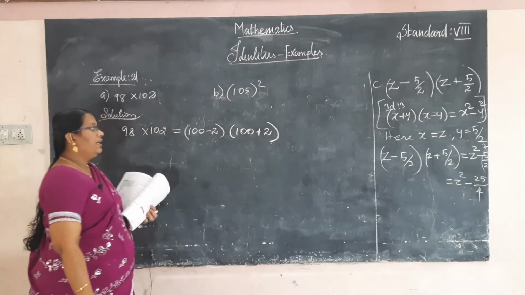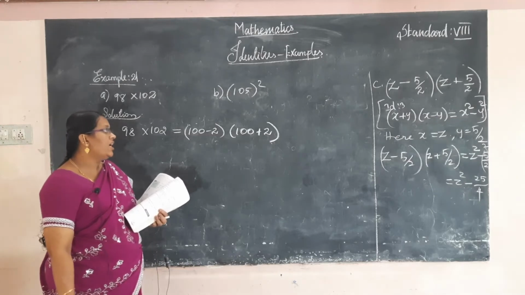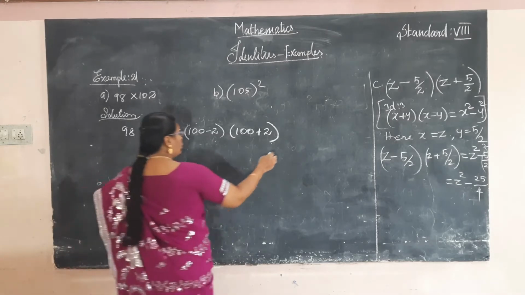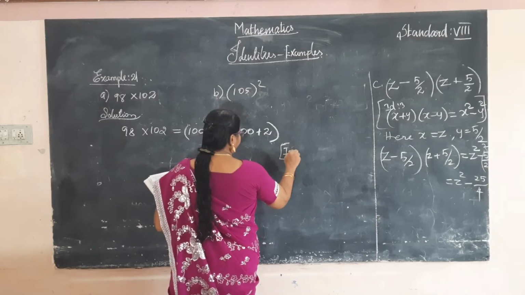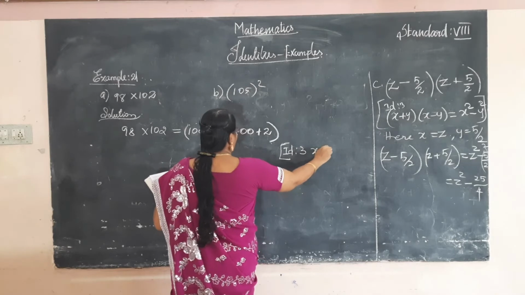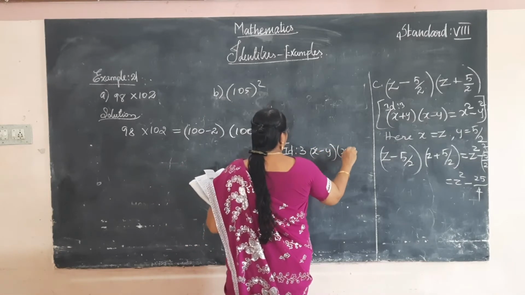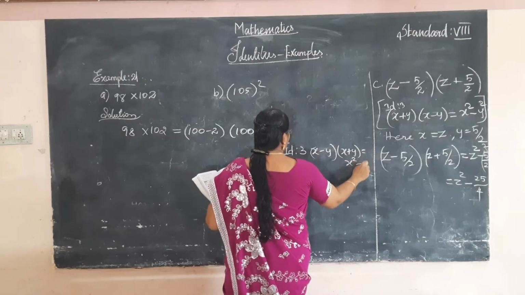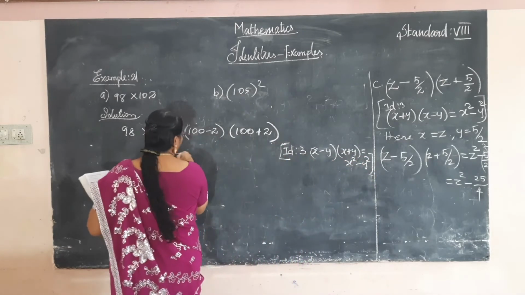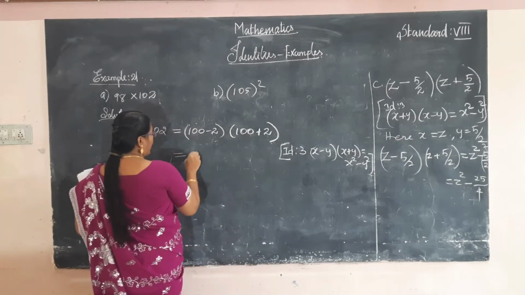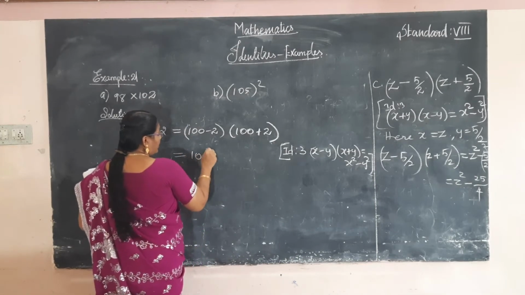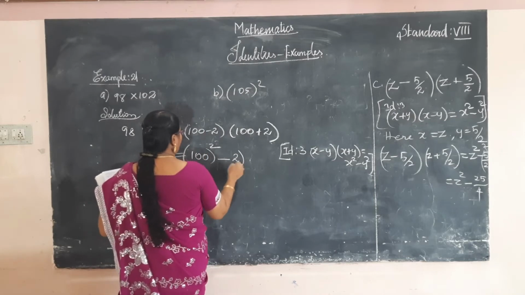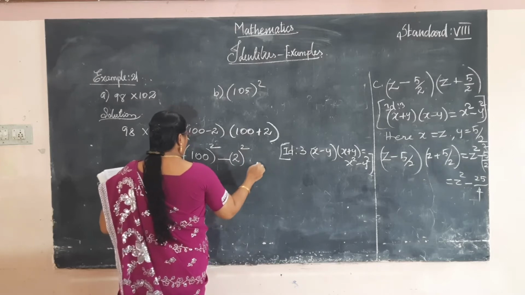Now we get the identity form of (x minus y) into (x plus y). We have applied identity 3 in this place. What is that? (x minus y) into (x plus y) equal to x square minus y square. Substitute here. Here x value is 100, so 100 the whole square minus y value 2 the whole square.